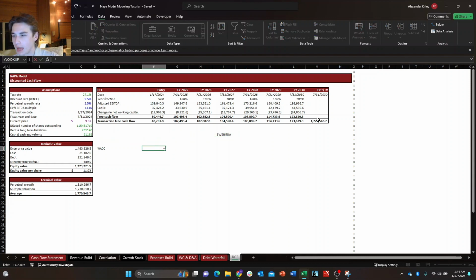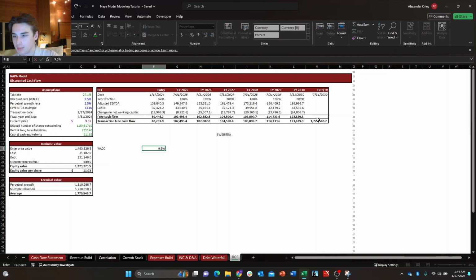Now my base WACC is 9.5%. But with data tables, I've found out, or this at least works for me, that you can't actually reference this cell. You can't reference 9.5. You have to type it in manually. So I'll put 9.5 here, right? And then from here, I'll do this plus 0.005.